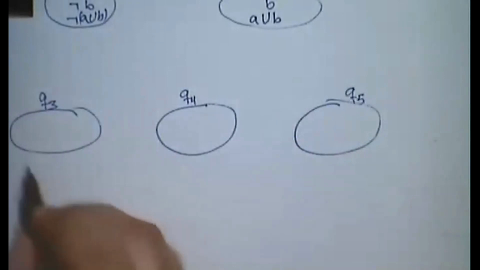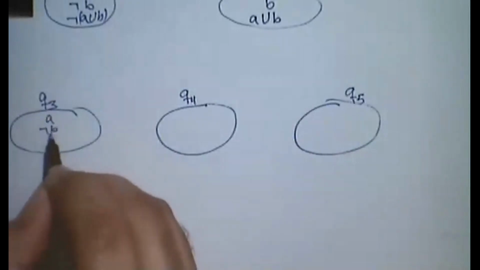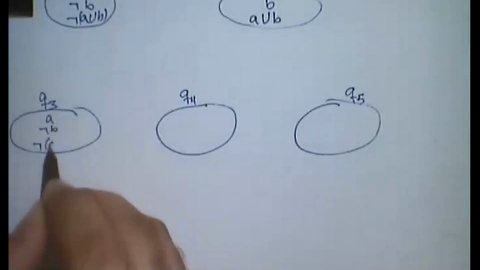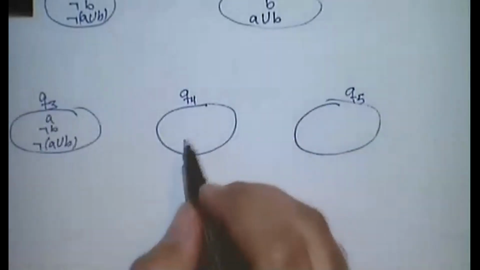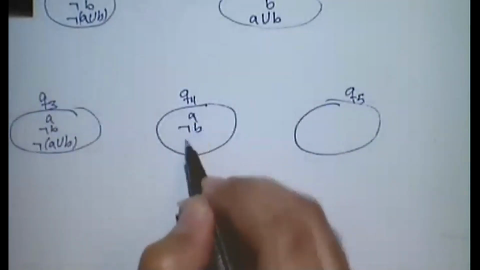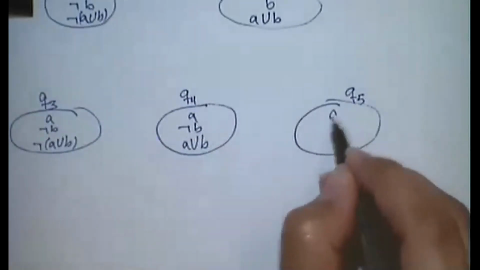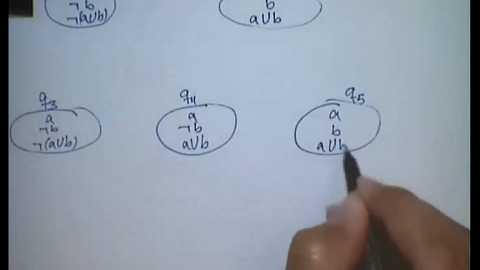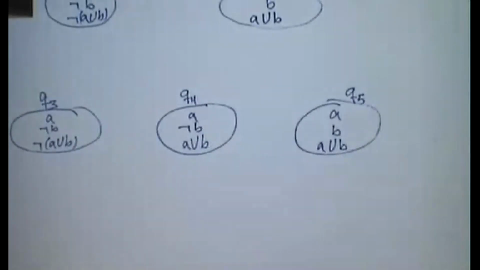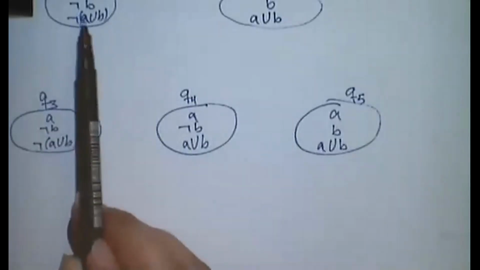Q3 is A, not B, not A until B. Q4 is A, not B, and A until B. And Q5 is just A, B, A until B. Now we have to figure out when we can have transitions. So let's start at Q1.